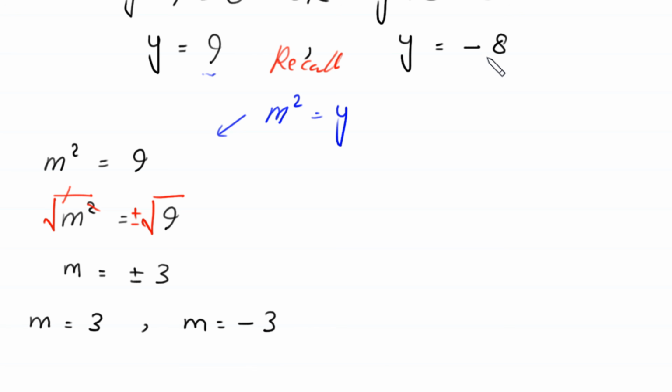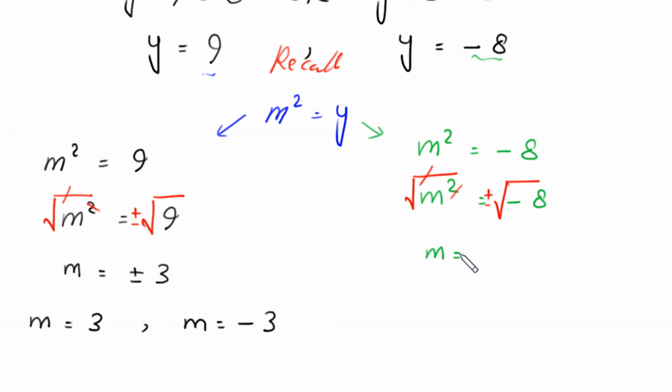Now when y is equal to negative 8, then this equation will become m squared is equal to negative 8. We take square root of both sides, and we get the value of m is equal to plus minus square root of negative 8.